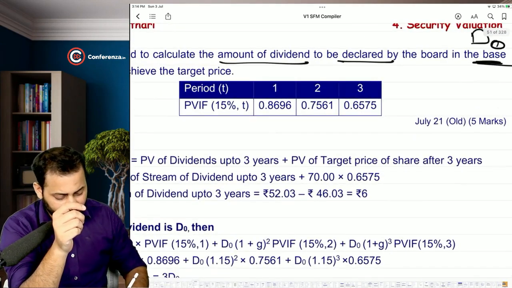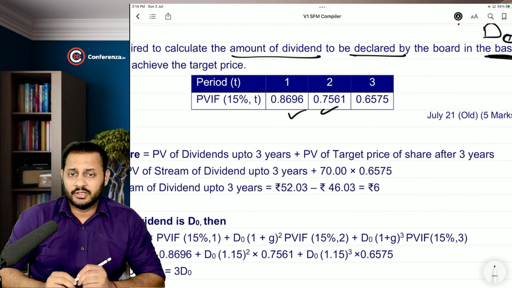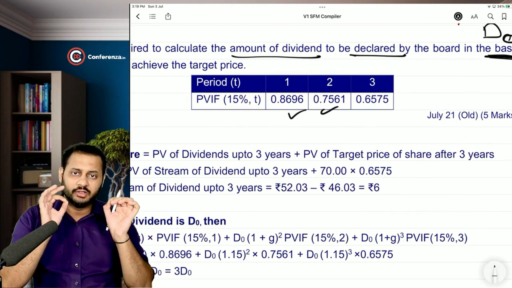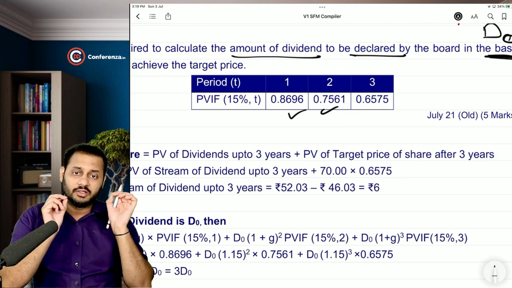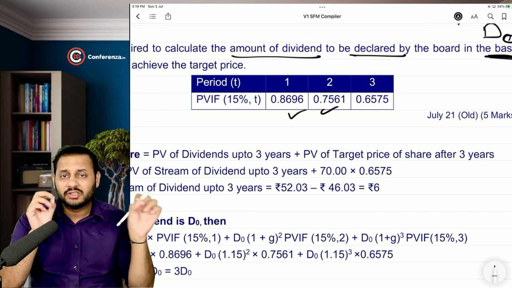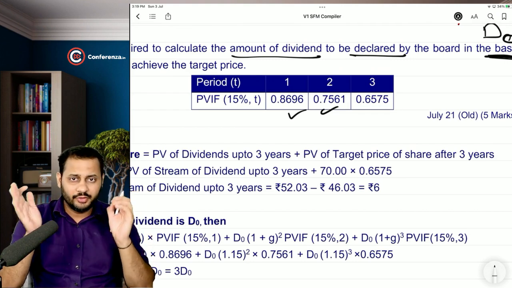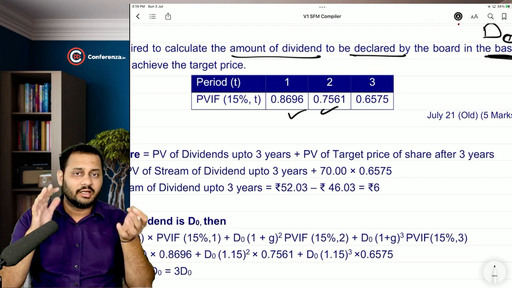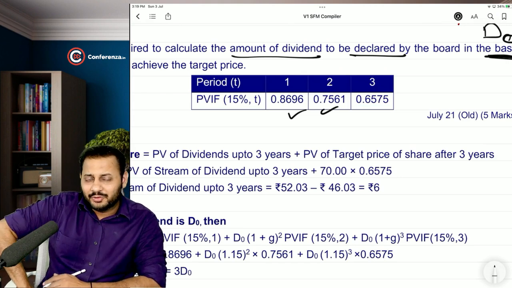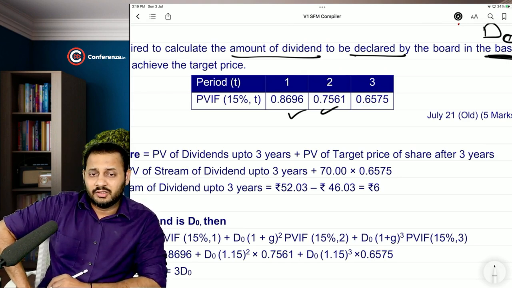See, if the factors are given in the question, you should be using those factors only. The reason why I am telling you to use the present value factor given in the question and not the one that you can calculate on the calculator is that the institute knows how you can calculate the present value factor. They don't doubt your abilities to calculate it, and I don't think they are going to test you on this.